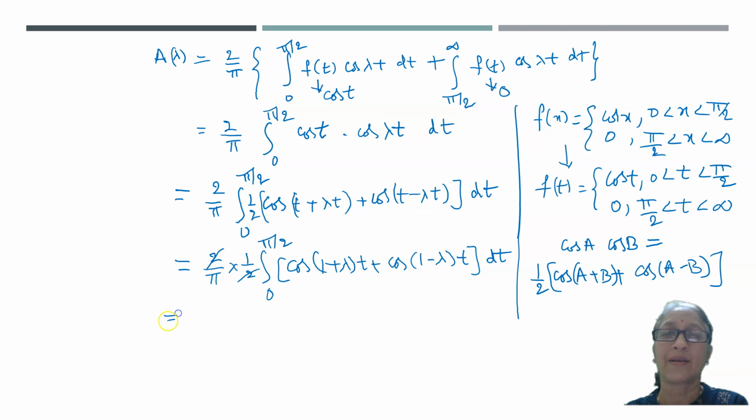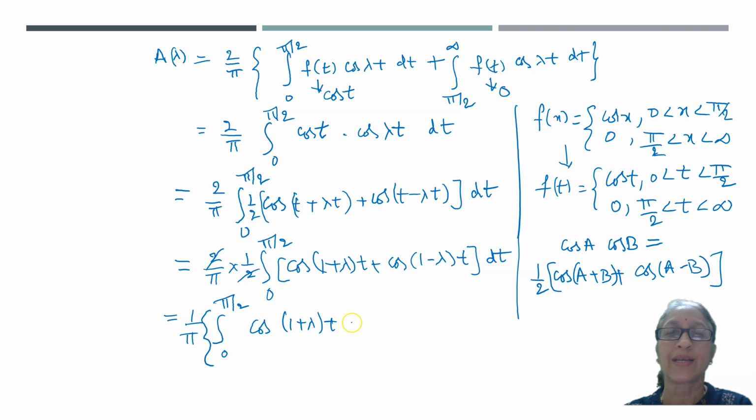Now you get 1 by pi, since these numbers get cancelled, times the integral from 0 to pi by 2 of cos((1 plus lambda) t) plus cos((1 minus lambda) t). You can split this integral because there are two terms here, or you can evaluate directly without splitting.